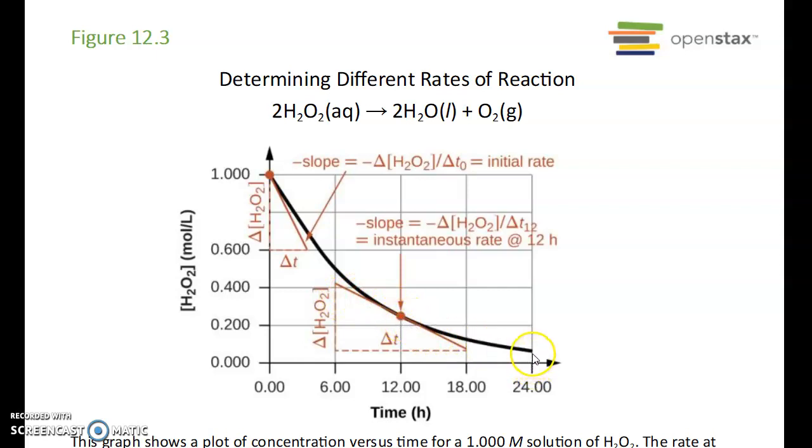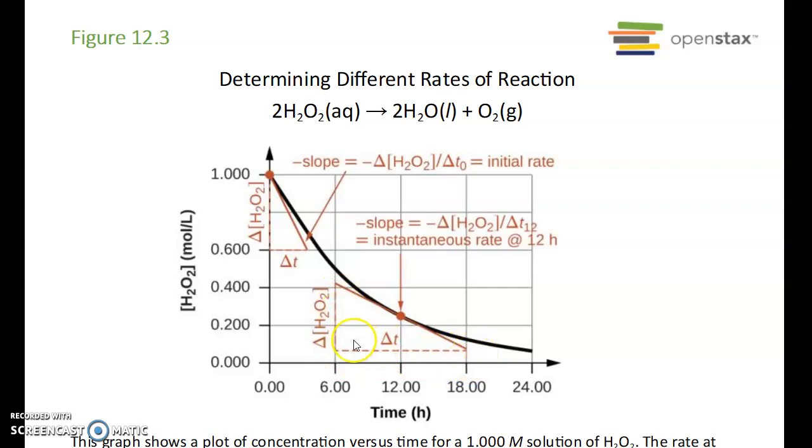The overall change is from this final point here minus this initial point here. So what you are doing is looking at this particular triangle to get these values for x and these values for y.